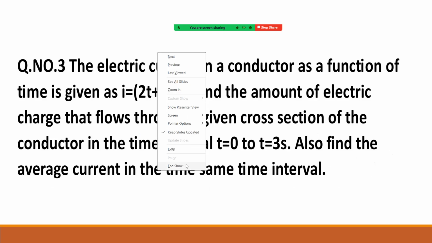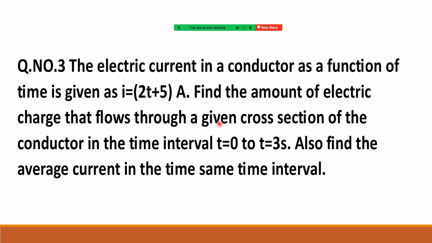See the question carefully. The electric current in a conductor as a function of time is given as I equal to 2t plus 5 ampere. Find the amount of electric charge that flows through a given cross section of the conductor in the time interval t equal to 0 to 3 seconds.